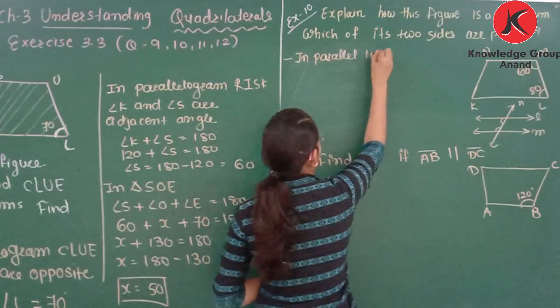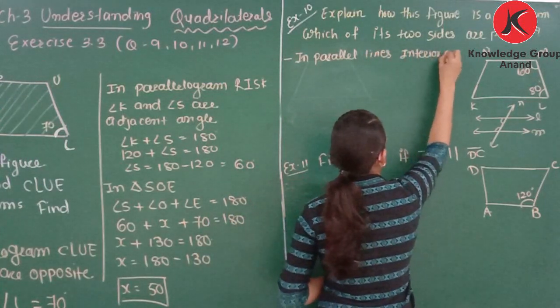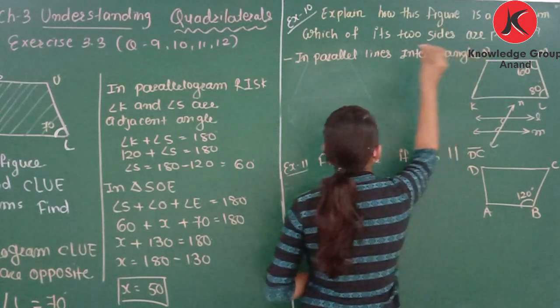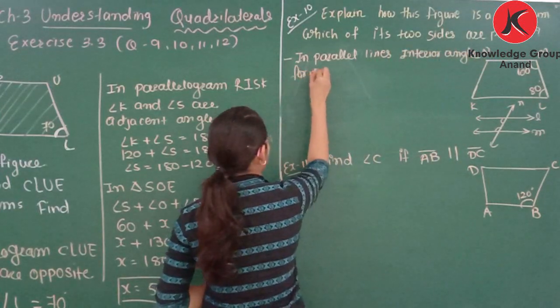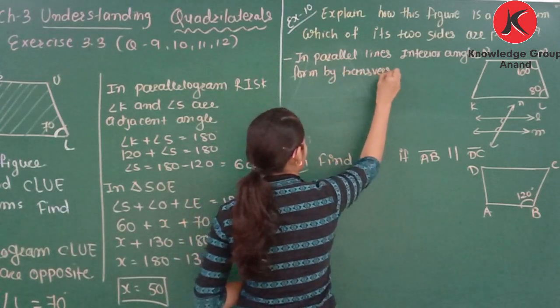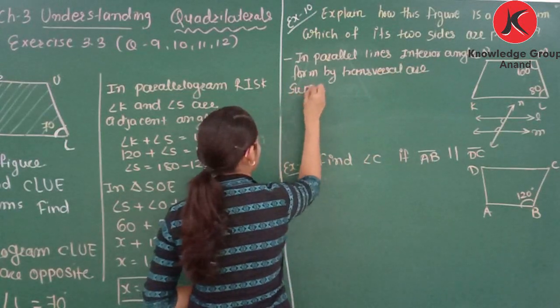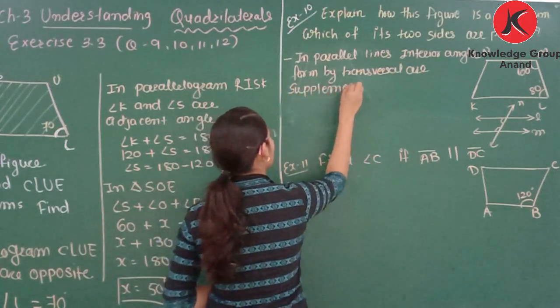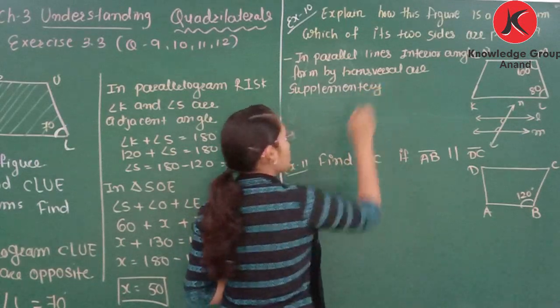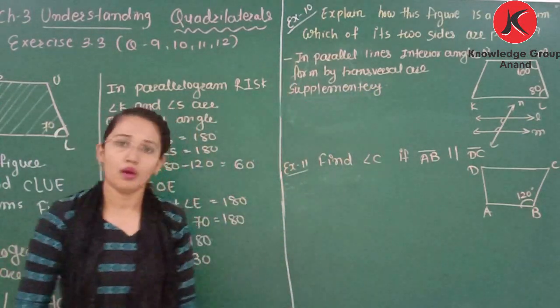So in parallel lines, interior angles formed by a transversal are supplementary. So if interior angles are supplementary, lines are parallel.